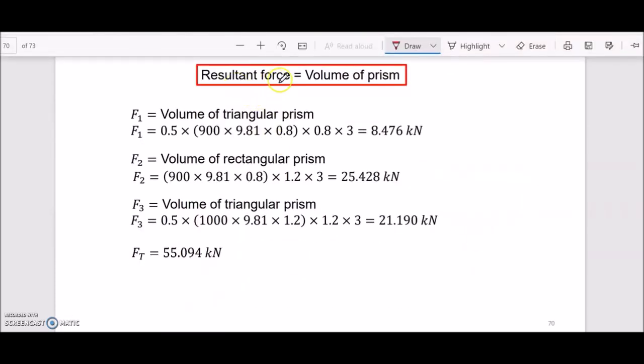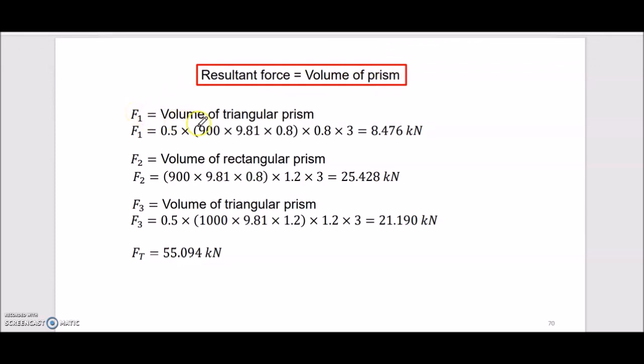Let's calculate the resultant force, equal to the volume of the prism. For F1, we have the volume of a triangular prism: half, 0.5, times 900, because it is the density of oil, times gravity 9.81, times the depth 0.8.